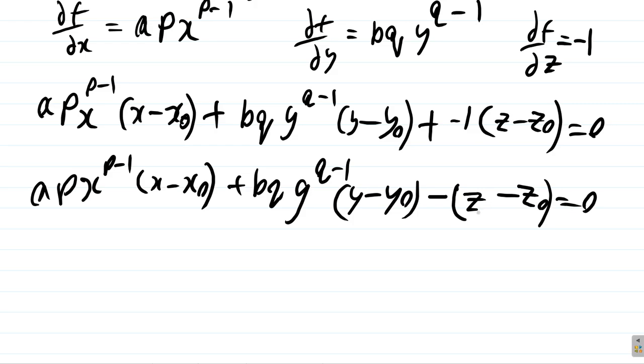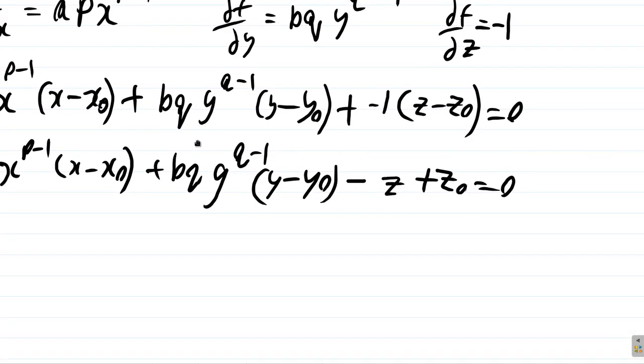Let's remove the bracket and multiply out what we have here. When you multiply by the negative and open the bracket, the z will be negative and the z naught will be positive, right? Now, suppose you add z to both sides.